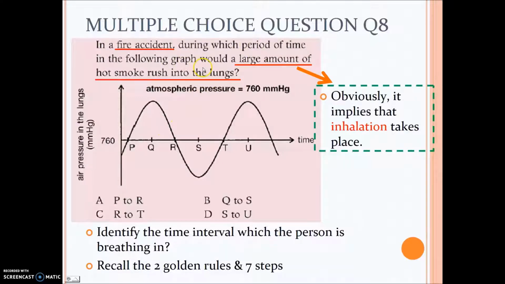The question asks during which time interval a large amount of hot smoke rushes into your lungs. So it implies the person is breathing in, right? So you apply the 2 + 7 concept to point out which part the person is breathing in.